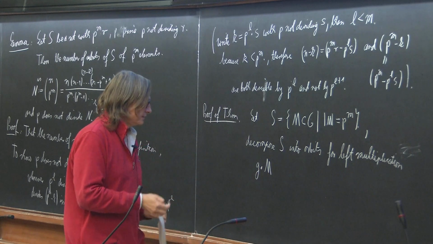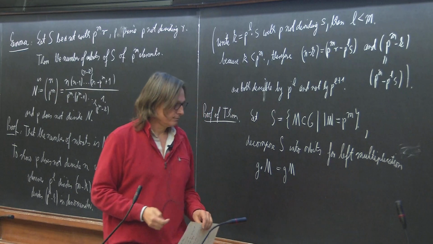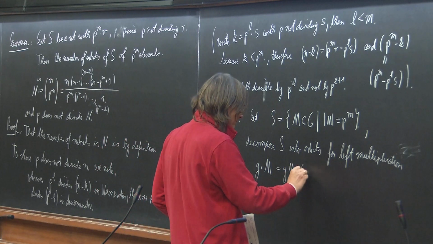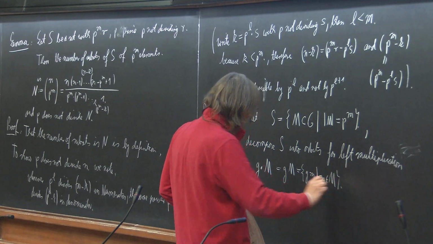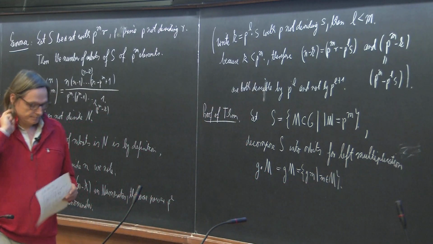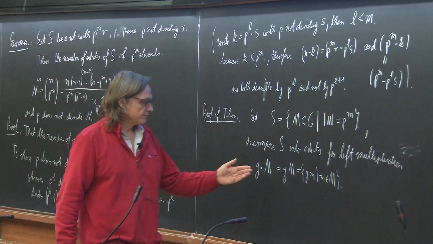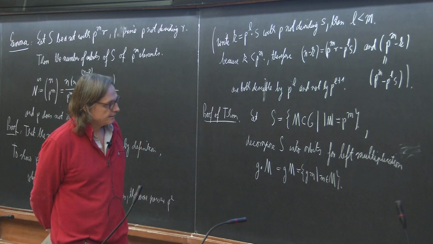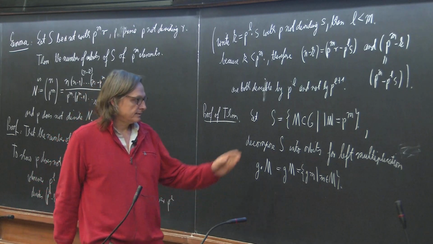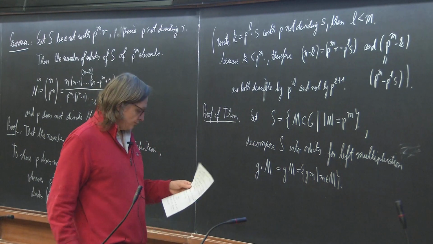So the action G times is just M. Okay, so this obviously defines an action. We had seen this also the previous time. We can decompose this set S into orbits for it, so it's a disjoint union of the orbits.